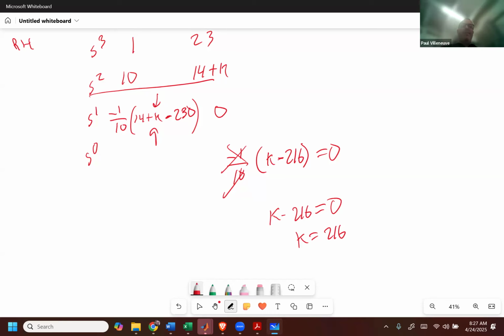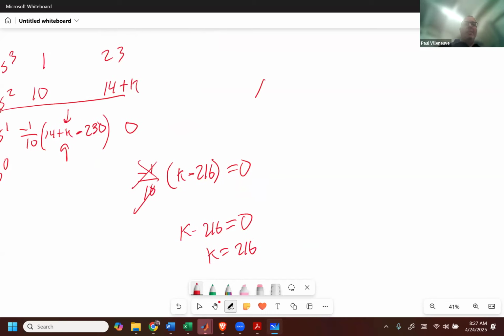So now I have this. Now I build my auxiliary equation. 10s squared plus 14 plus K. K is equal to 216. So 10s squared plus 230 is my auxiliary equation. Now I solve for the roots for that. s squared equals -23.